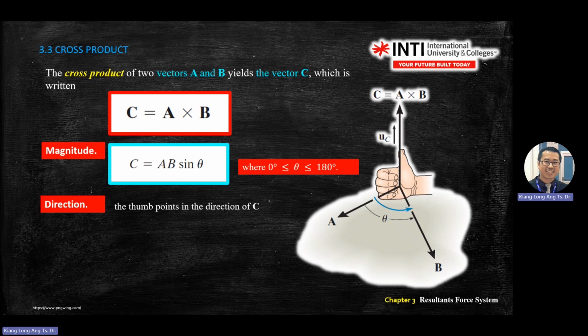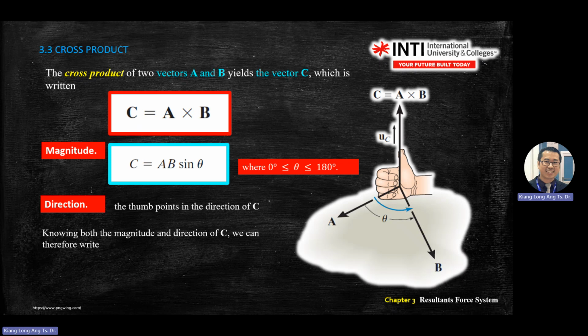If you write B cross A, it will flip direction, because B cross to A becomes like that, so it will point down. So direction will be different if you use cross, but dot product will still remain the same. So just be careful when you use cross.